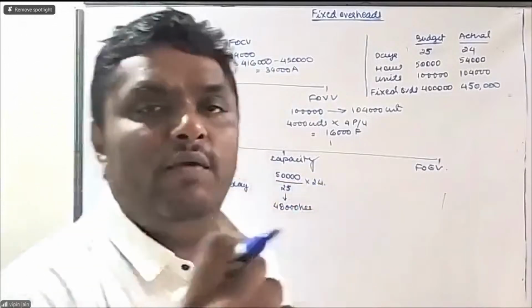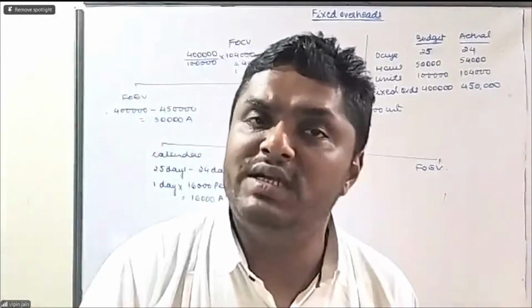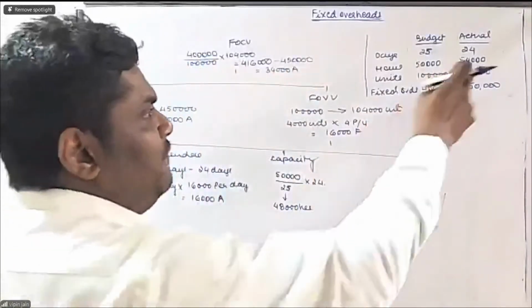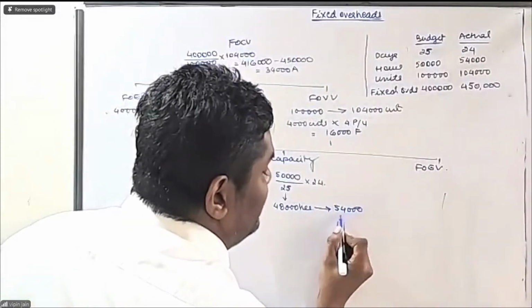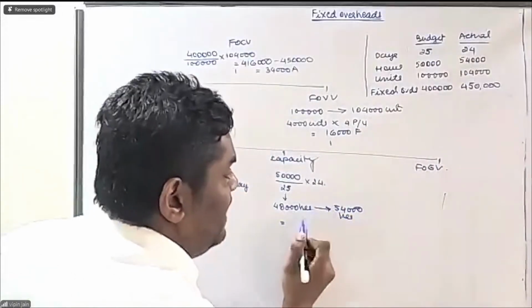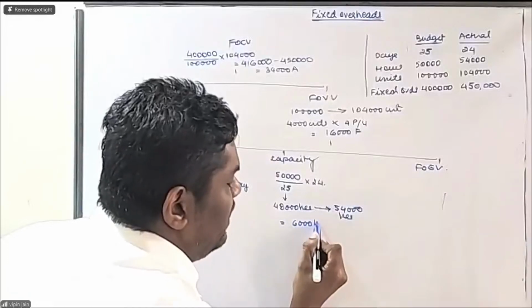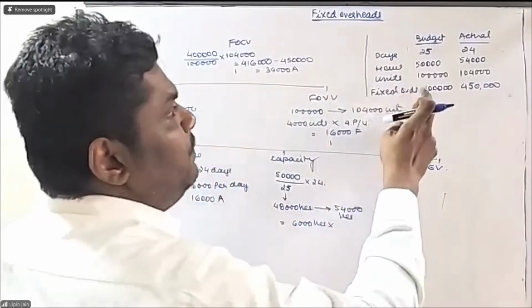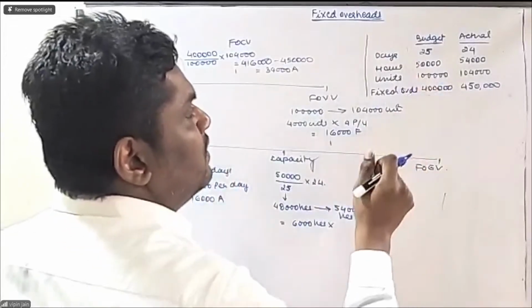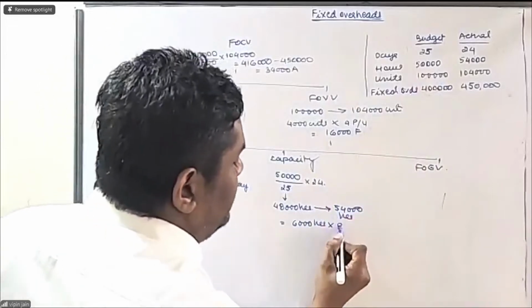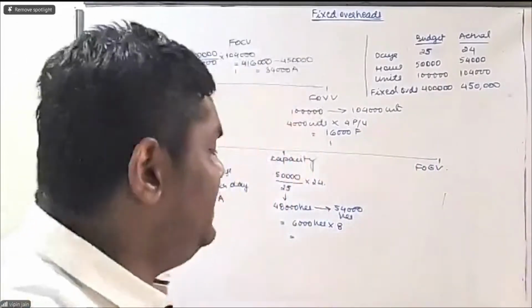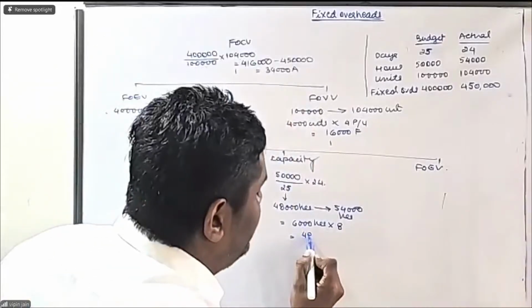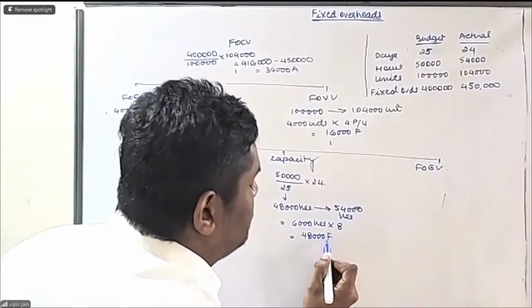Our capacity was to work for 48,000 hours, but we actually worked for how many hours? 54,000 hours. So how many hours extra we worked? 6,000 hours. Into the rate per hour, that is 8. So since we worked above our capacity, this variance will be favorable, that is 48,000 favorable.